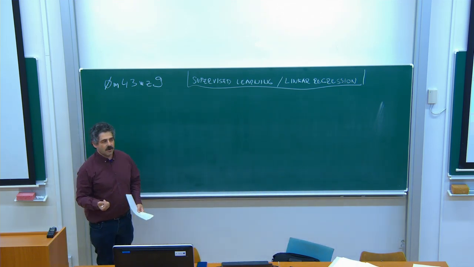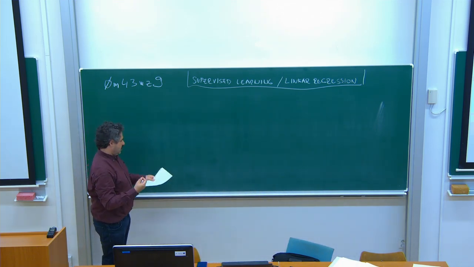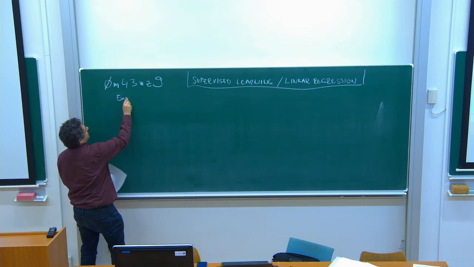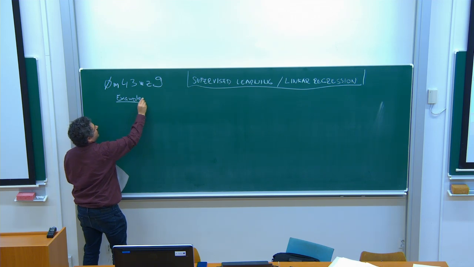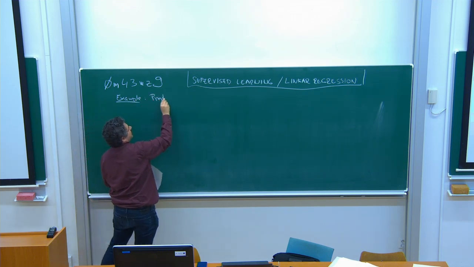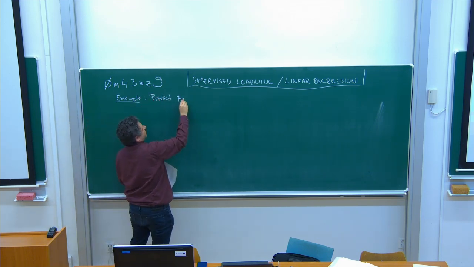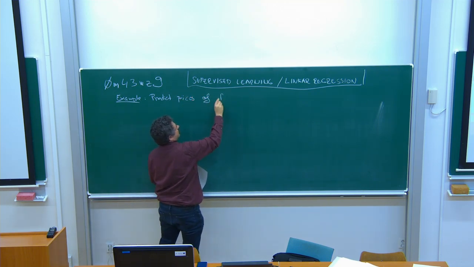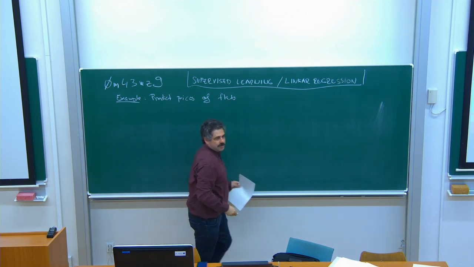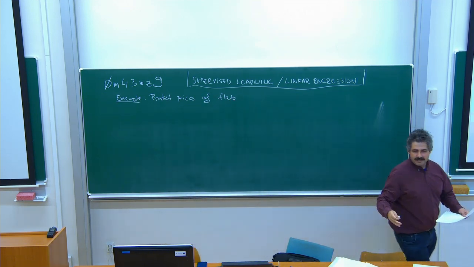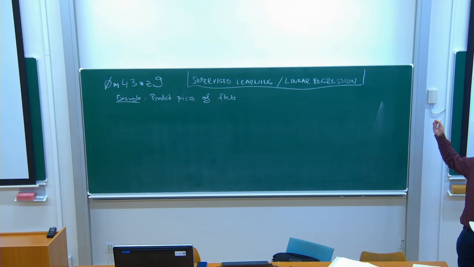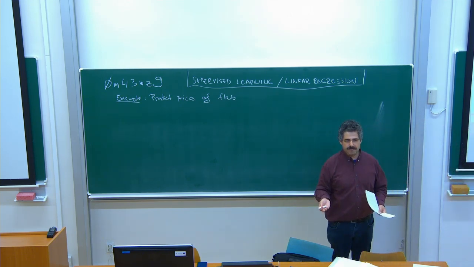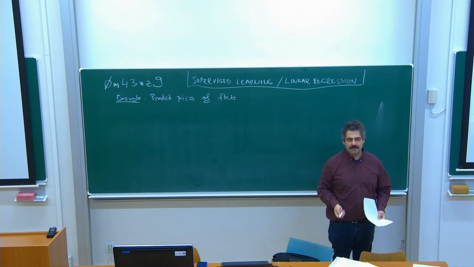So what's the goal? The example that we will be working with is that we want to predict prices of flats. So you want to buy an apartment. We want to predict the price of apartments based on, what would you say would be a good parameter?